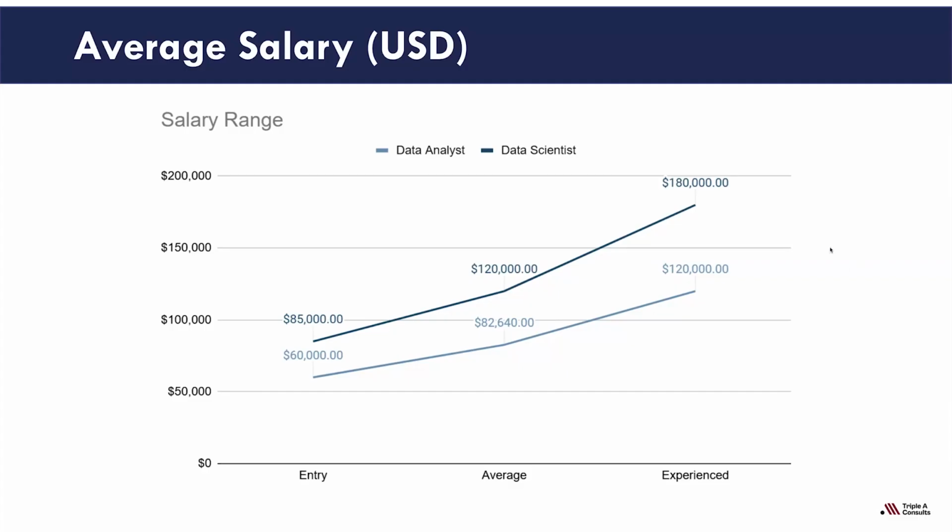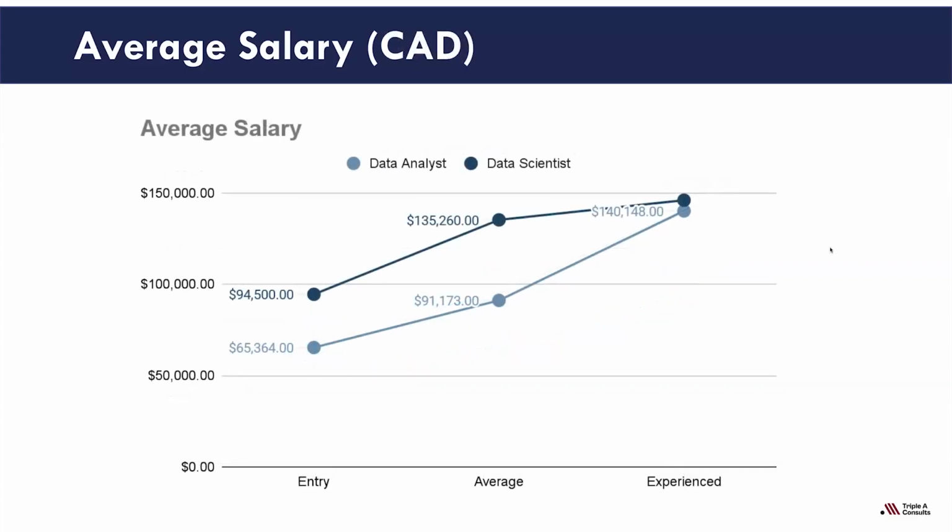For those in Canada, this is the range in which salary flows sometimes, right? And so you can get up to a peak of about 140 and above as a data scientist, and also probably a little more as a data analyst. So there is a point of convergence for both of them as well.